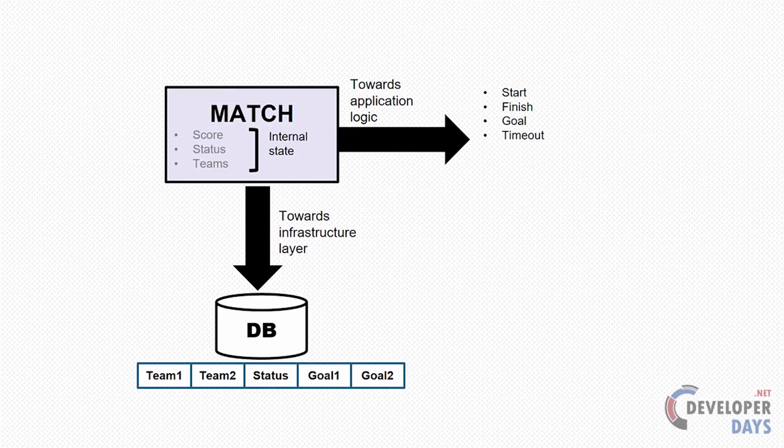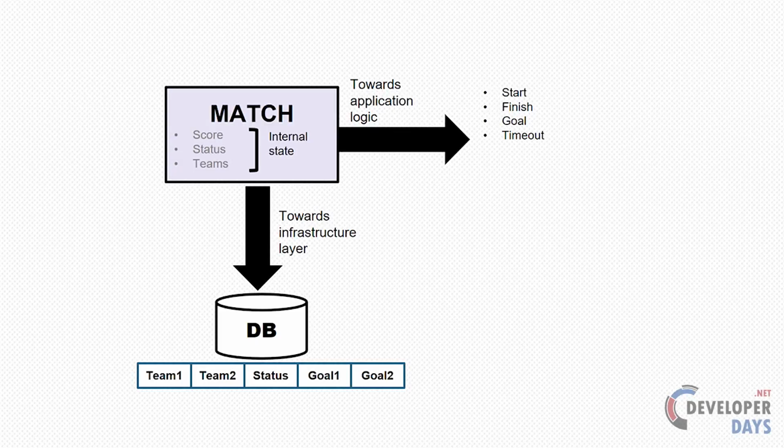Final comment is, now, in a layered system, you have a domain layer in which you have a domain model that contains an implementation of the match class with methods like start, finish, goal, and timeout. And then you have domain services, which are responsible essentially for the persistence of the information associated with the match.